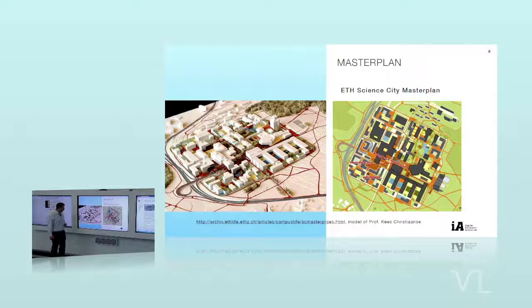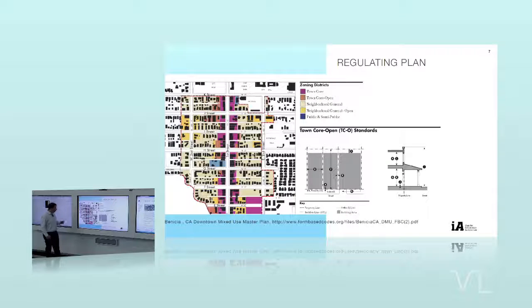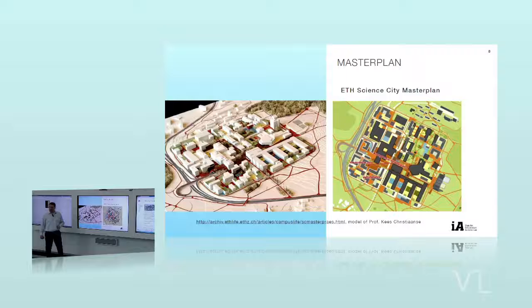And then, of course, from this initial definition, you come to master plans. And master plans, yeah, Science City is a good example, I guess. A lot of principles have been form-based codes as well. Kees Christians is using a lot of form-based codes inside his office. He has a different kind of naming for it, but generally it's similar.